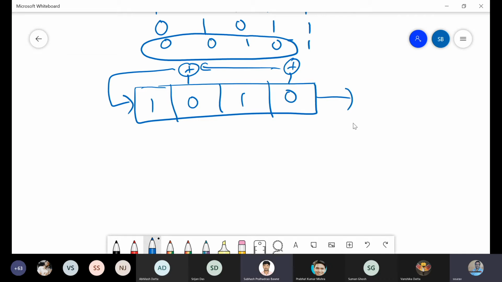Can you try this and quickly tell me the sequence? Just tell me the period.